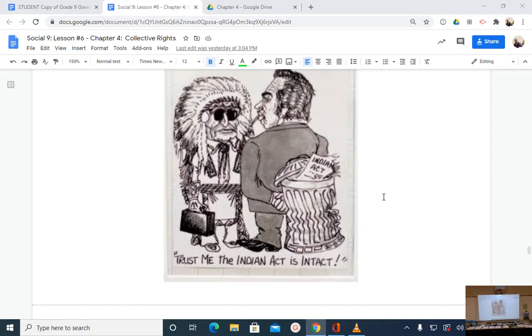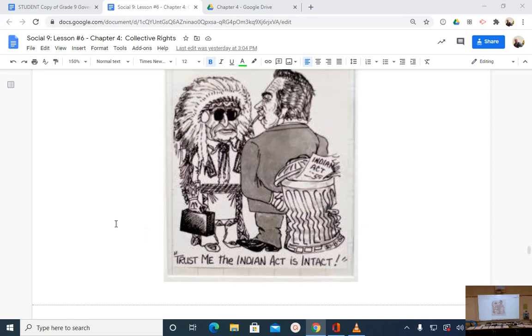So, big picture, what's the source about? It's about, yep, the Indian Act. The piece of government legislation from the 19th century that helps establish the relationship between Canada's federal government and our First Nations, Indigenous, Aboriginal peoples. It's about the Indian Act.